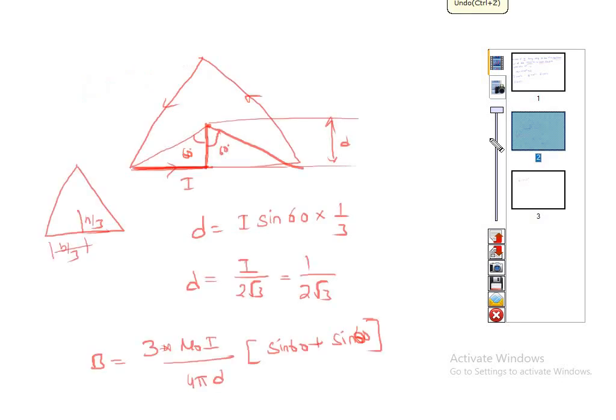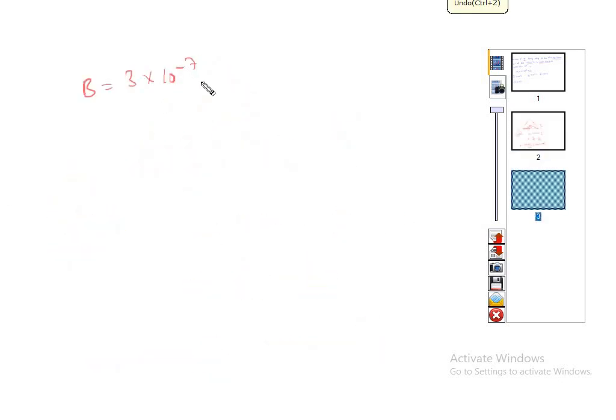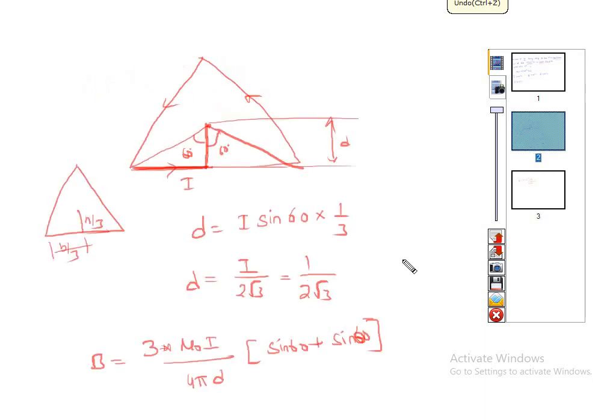So if you substitute, B is equal to 3 into 10 to the power of minus 7 into 1 by 4 into pi into d. Here mu naught by 4 pi is 10 to the power of minus 7, and d is equal to 1 by 2 root 3.